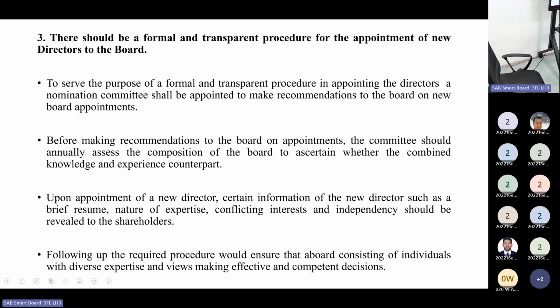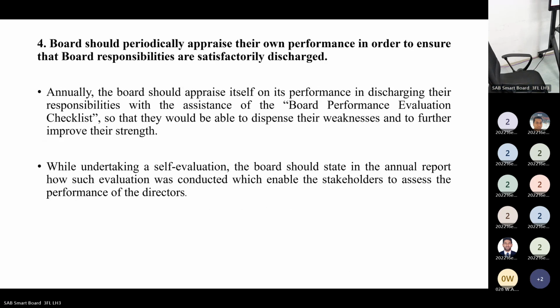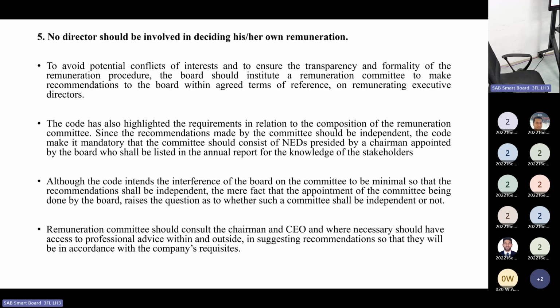The third one is there should be a formal and transparent procedure for the appointment of directors. So they talk about appointment of the directors, where the nomination committee, what we discussed today, what they have to follow. Then the board should periodically appraise their performance. So board performance evaluation, the checklist, all that we discussed, now they are bringing here. No director should be involved in deciding his or her remuneration.